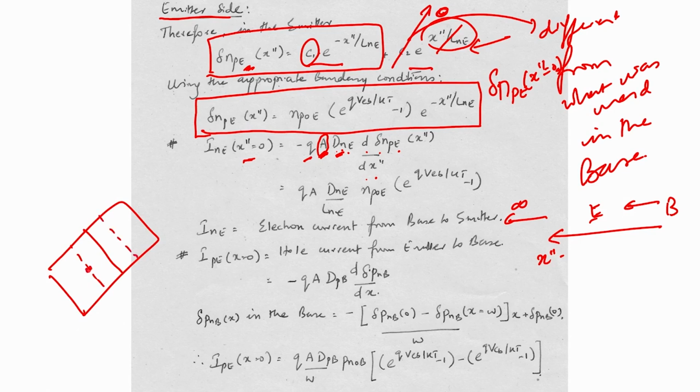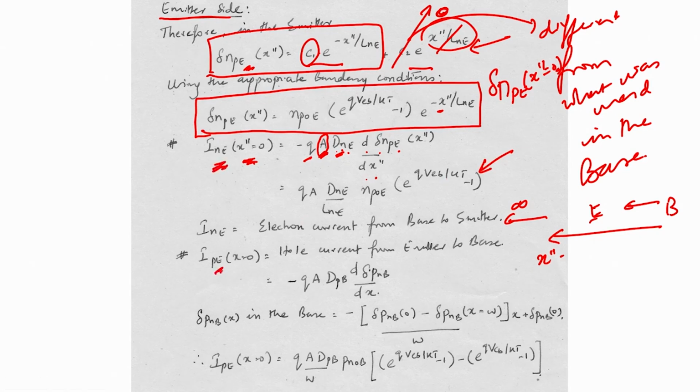We want to measure the diffusion current here. You see, the diffusion current is going to vary with space, but if I were to measure the diffusion current here, I must also account for the other current mechanisms, right. So, I would rather prefer to get the diffusion current right at this interface, okay, and therefore, we calculate the diffusion current at x double dash equal to 0, and we find that that is the diffusion current of electrons in the emitter.